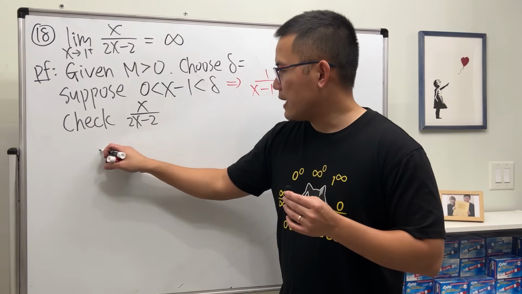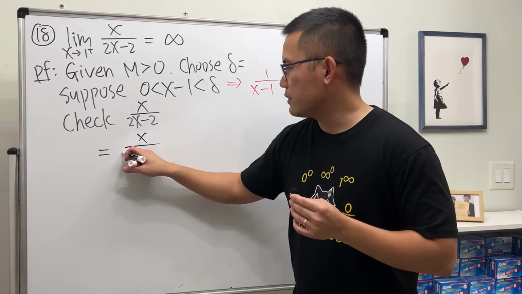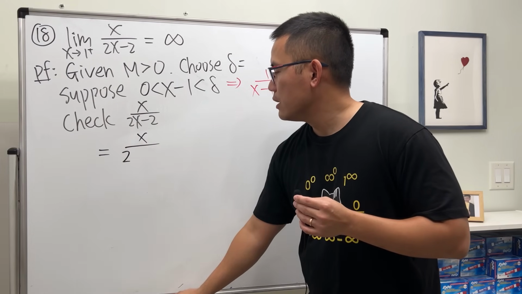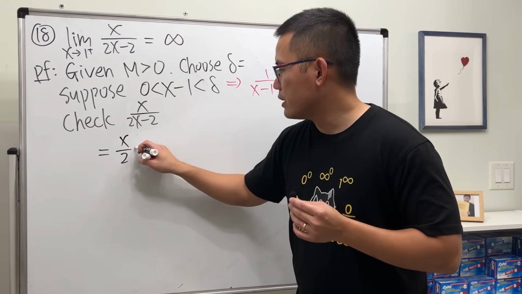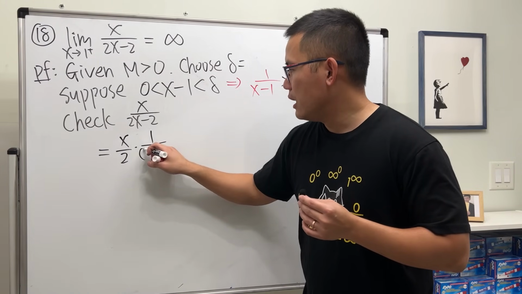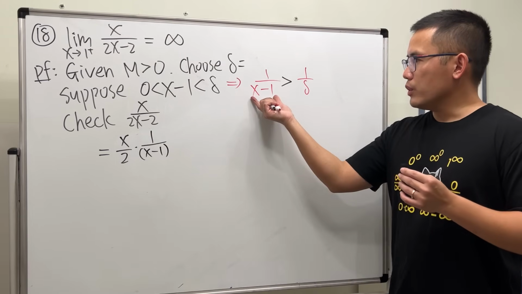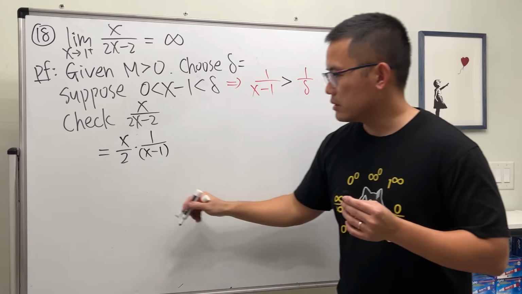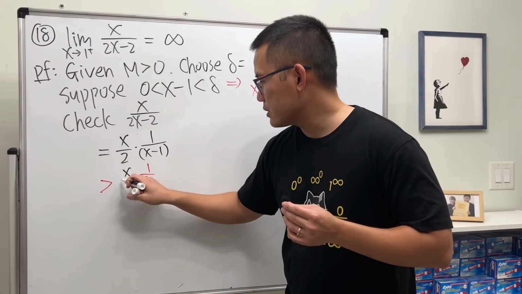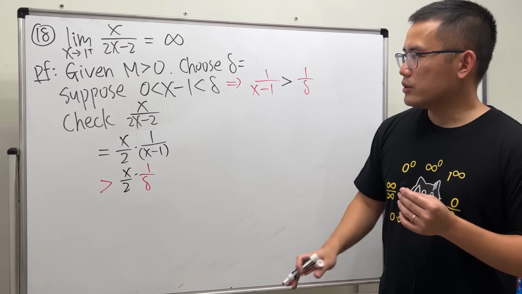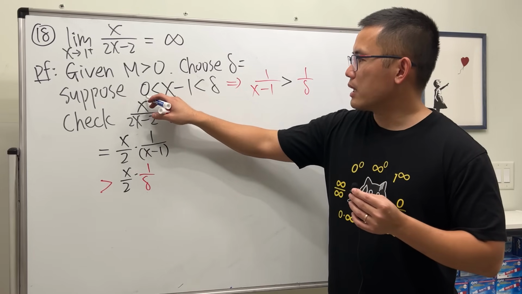So you can factor out the 2 like this. So we have x over 2 times 1 over x minus 1. We know this is greater than 1 over delta, so that's okay. So we can say 1 over delta, and we still have the x over 2 like so. Now check this out. We know this part.